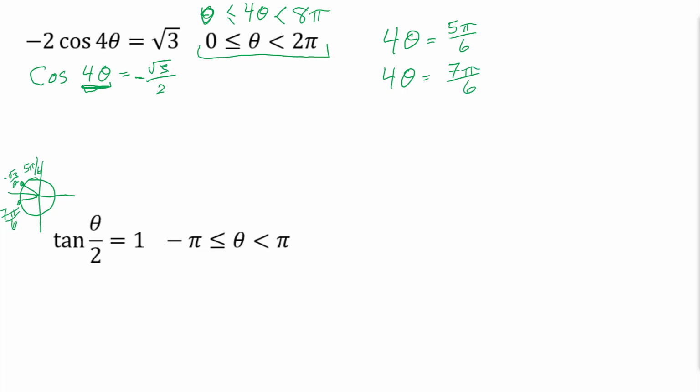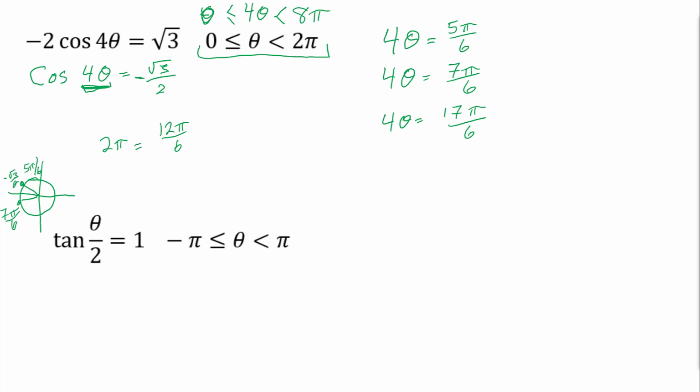Now remember, a circle is 2 pi radians, and 2 pi would be the same as 12 pi over 6. So I can get to the next coterminal angle with 5 pi over 6 by adding 12 pi over 6 to it. That gives me 4 theta equals 17 pi over 6.